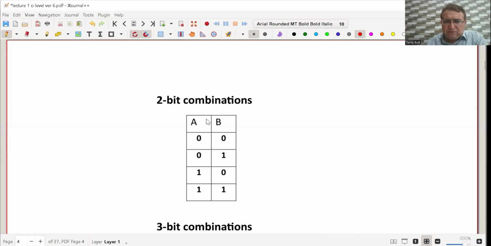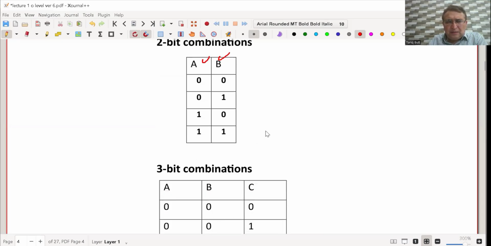For instance, if we have 2 inputs, either for some gate or for some logic circuit, let's say labeled as A and B, then since we can apply only binary inputs, with 2 inputs we have 4 possible combinations: 0, 0, or 0, 1, or 1, 0, or 1, 1.